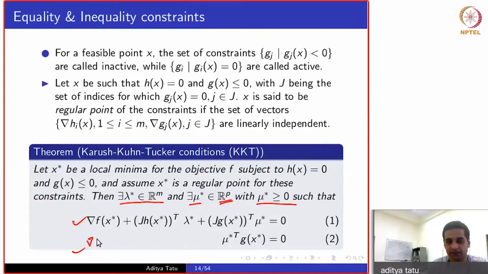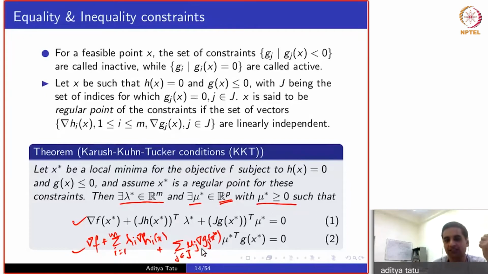So gradient of f plus the sum over i from 1 to m of lambda i gradient of hi at x star, plus the sum over j belonging to the active constraints of mu j gradient of gj at x star.